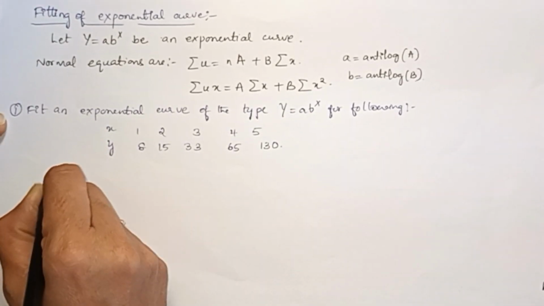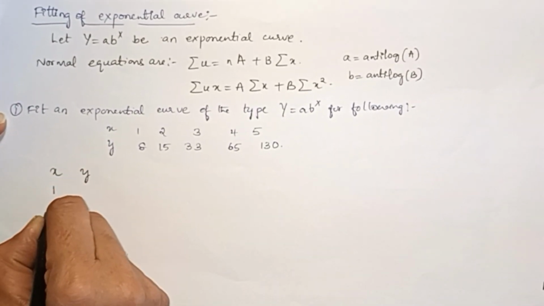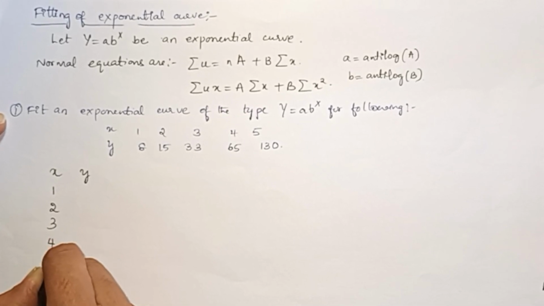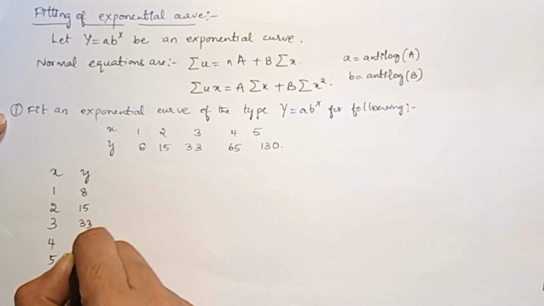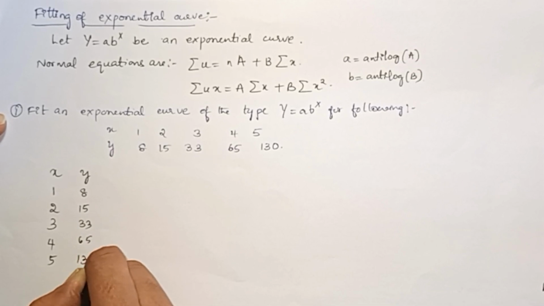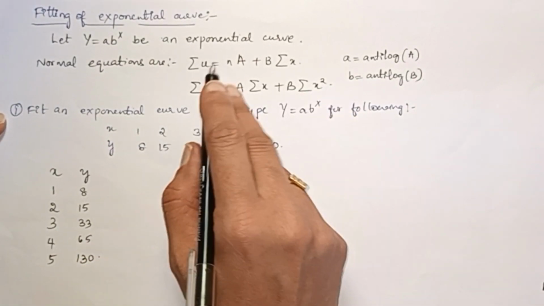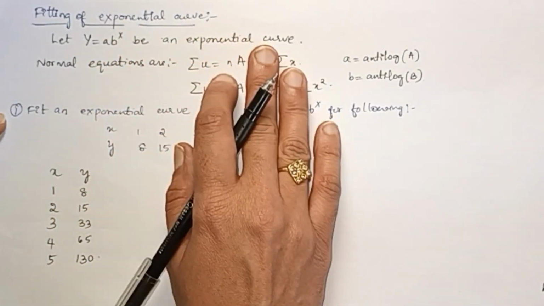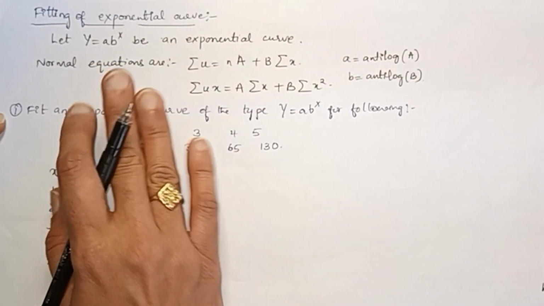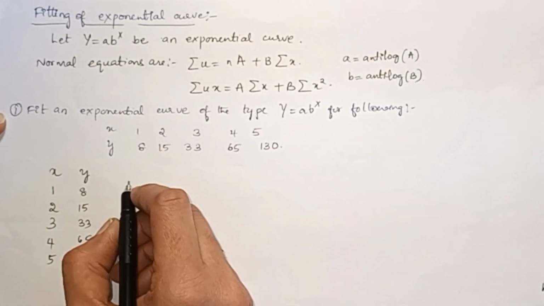Let us write now x and y. X is 1, 2, 3, 4, 5. Y is 8, 15, 33, 65 and 130. Okay. First write, let y equal to a b power x be an exponential curve. Then you write the normal equations.